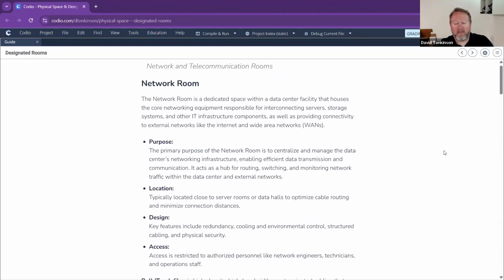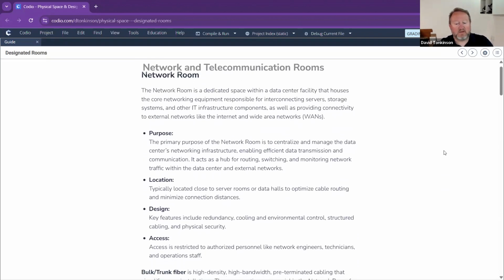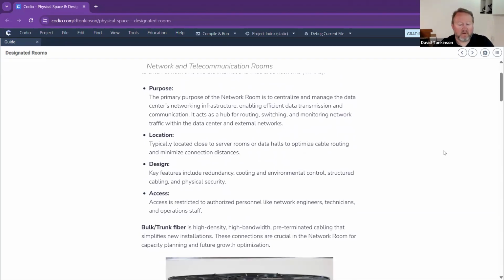So it is basically where the IT infrastructure and components provide connectivity to external networks like the internet and wide area networks. And there's not normally one room, there's normally several rooms. The point of the network rooms is it allows you to have a centralized location, and they will be separate.